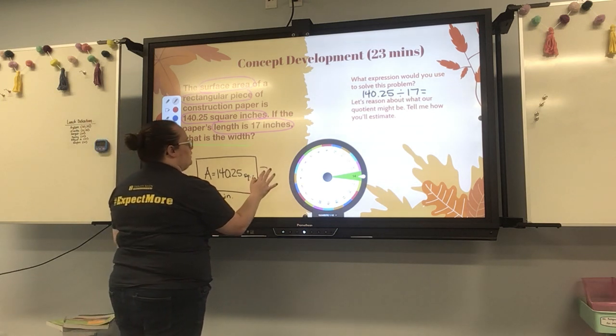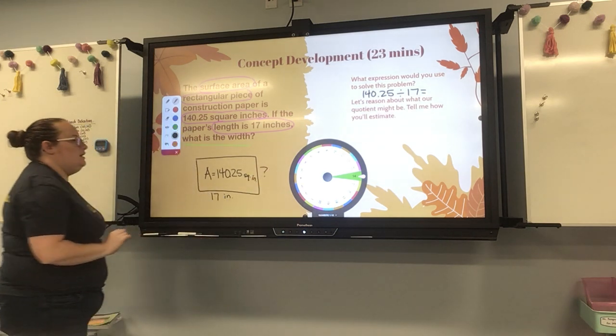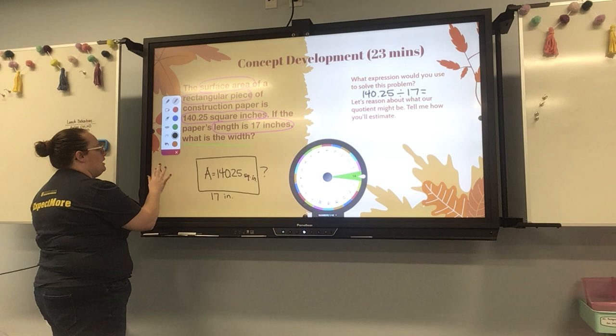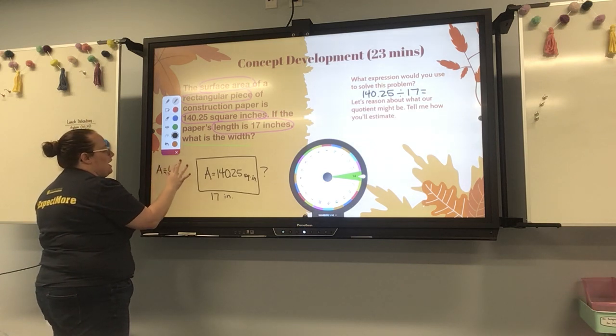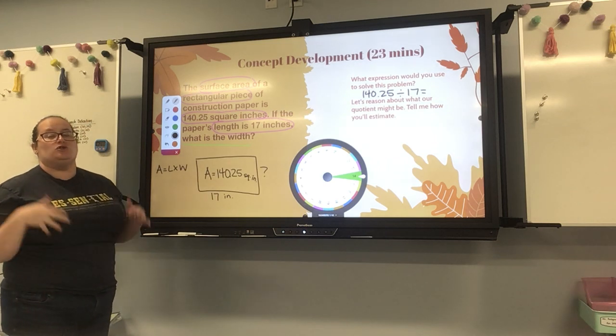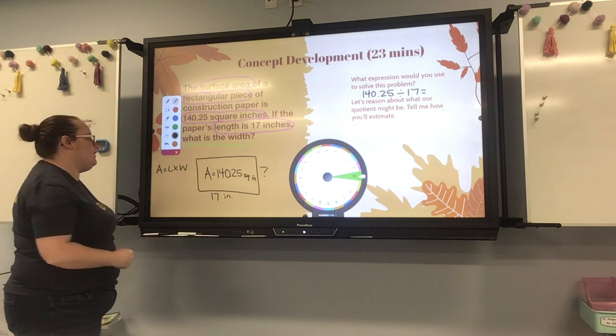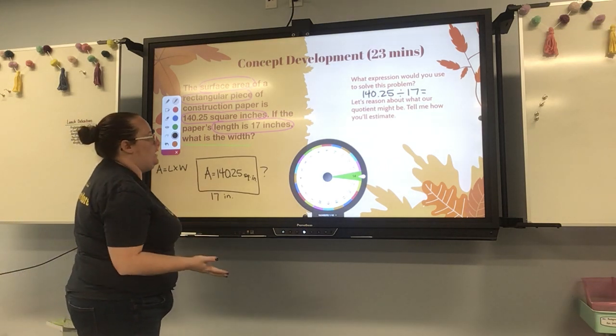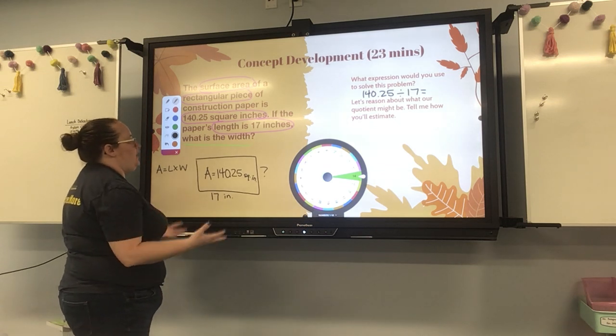I am trying to figure out the width. Now normally area is equal to length times width. However, I know the area and the length, so I have to work backwards to figure out the width. So I would be dividing.